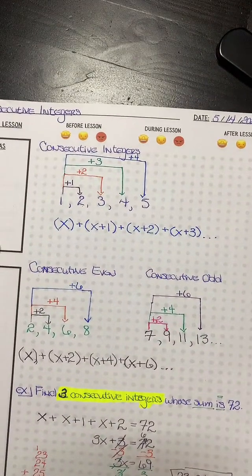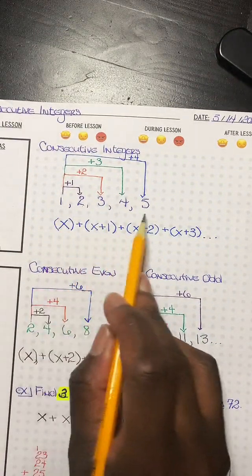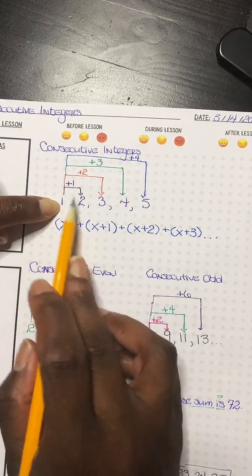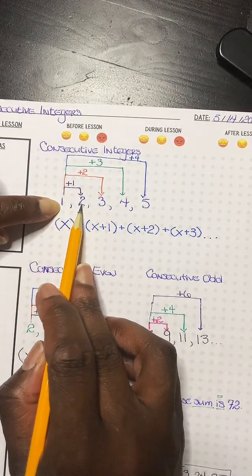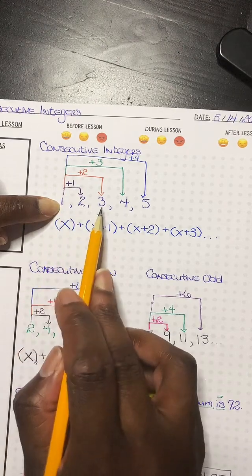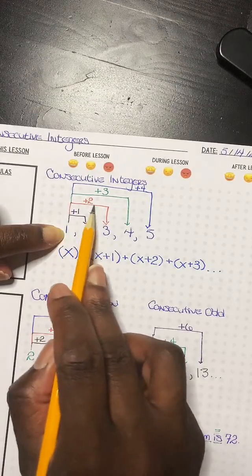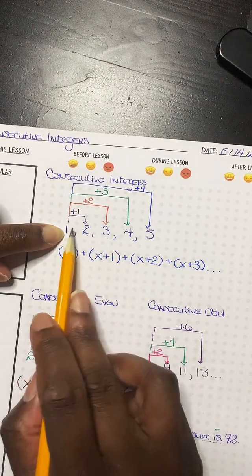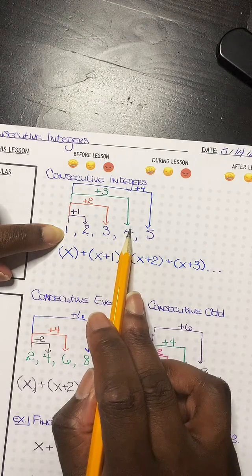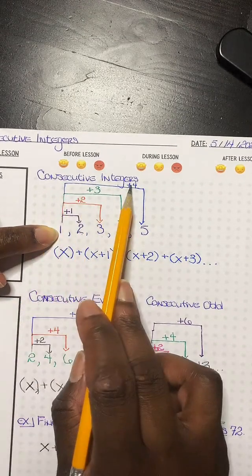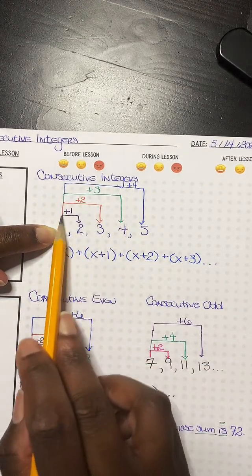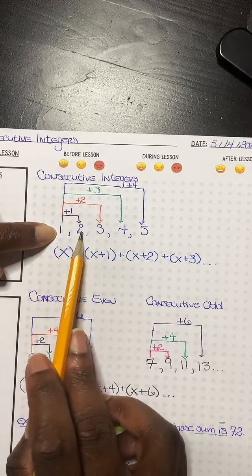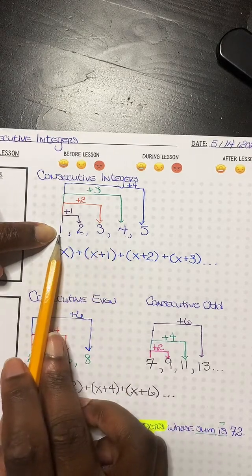This is why. If we think about consecutive integers, if we start at 1 and I want to get to 2, I would have to add 1. If I start at 1 and I want to get to 3, I have to add 2. If I start at 1 and I want to get to 4, I have to add 3. So when they're talking about consecutive integers, no matter where you're starting, how do I get to the next number from where I'm starting?